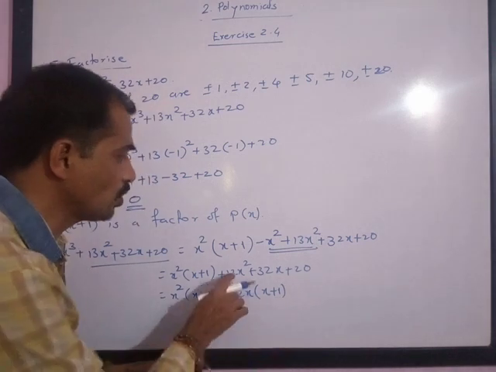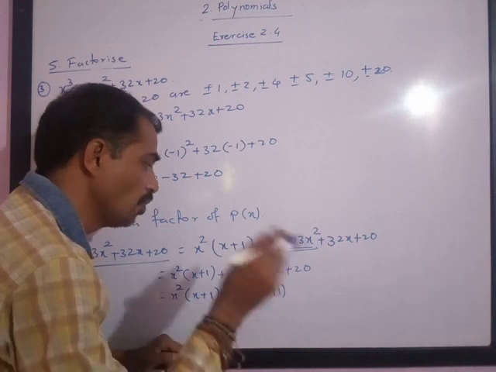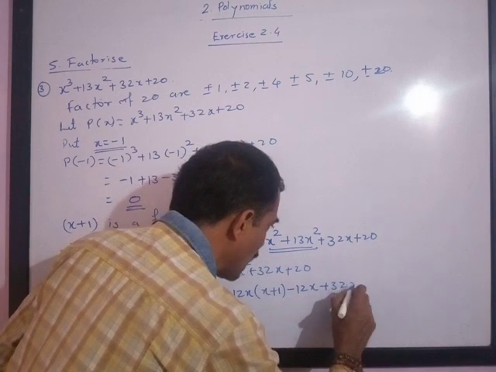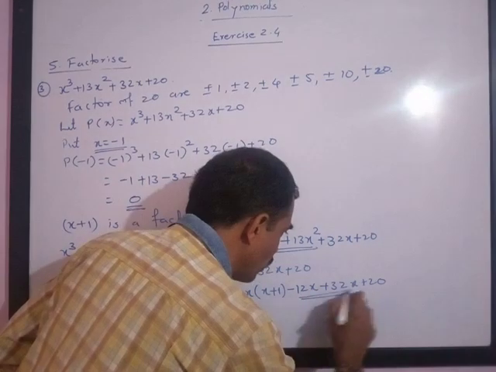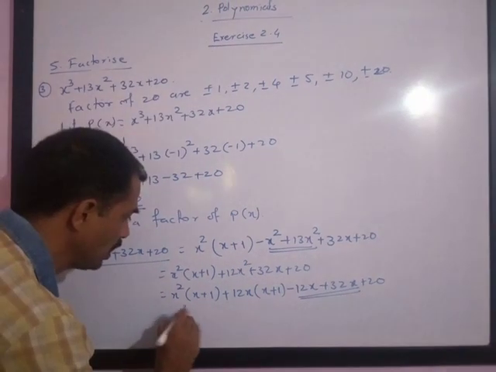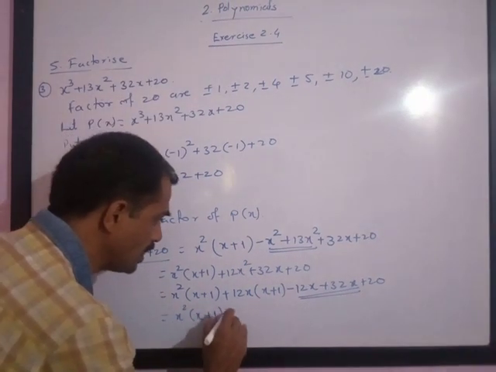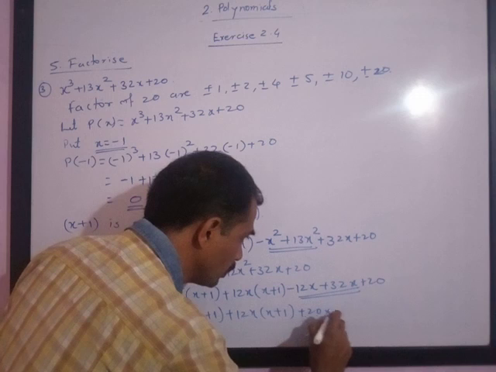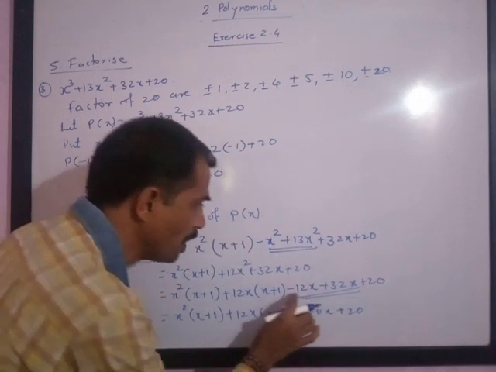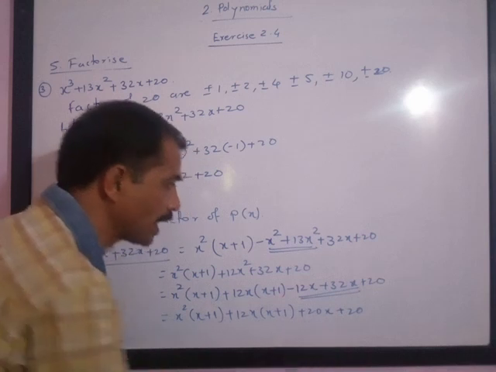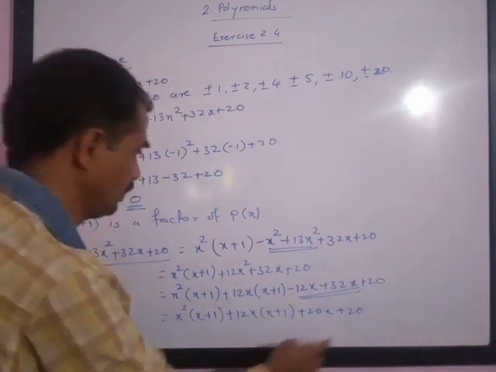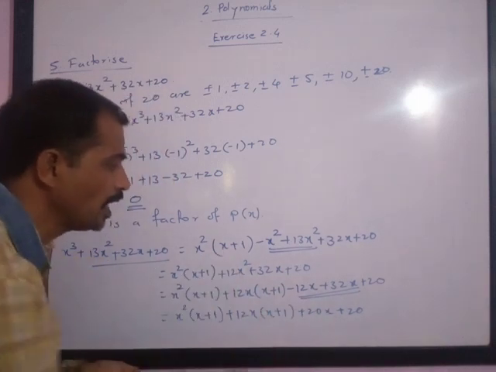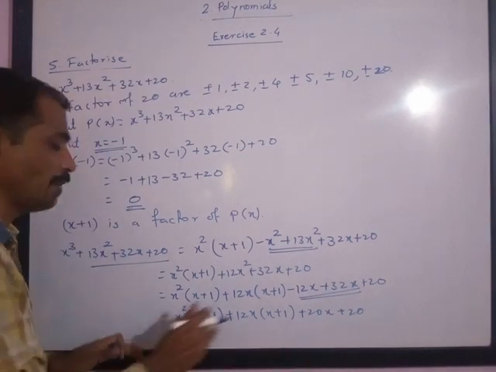Then 12x into x is 12x square, 12x into 1 is 12x, we want the opposite of it, so we will get minus 12x plus 32x plus 20. Now this is solvable. Watch carefully, I am writing these terms as it is. Minus 12x plus 32x will be 20x. Now we divide the first term by the first term of the divisor, that is x. You will get 20x divided by x, 20. So I am writing the answer here on this side.